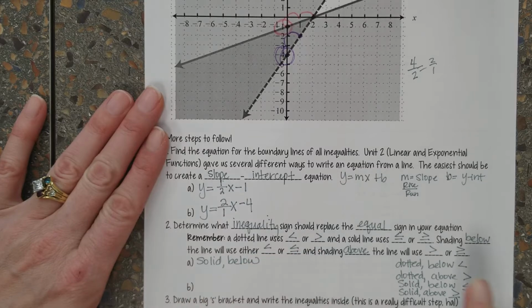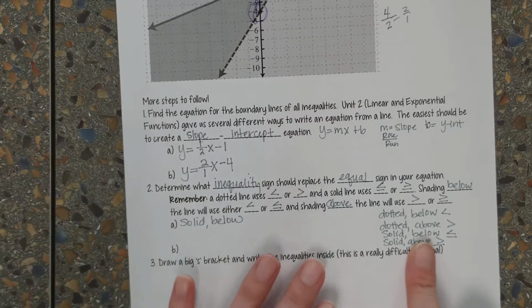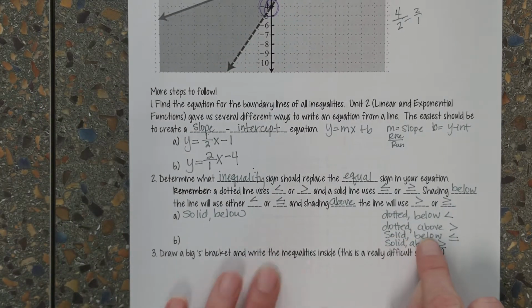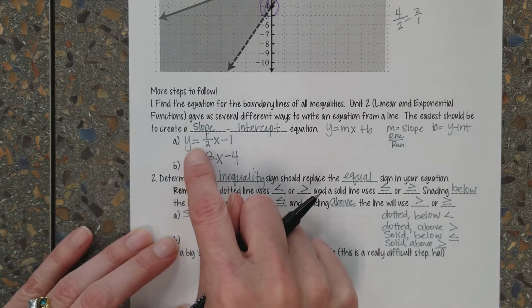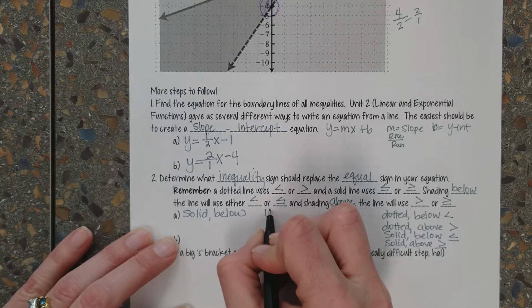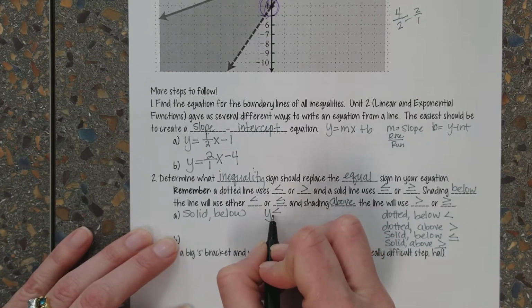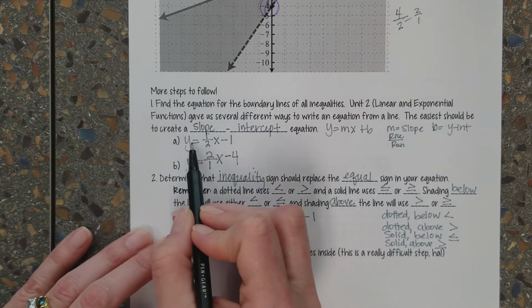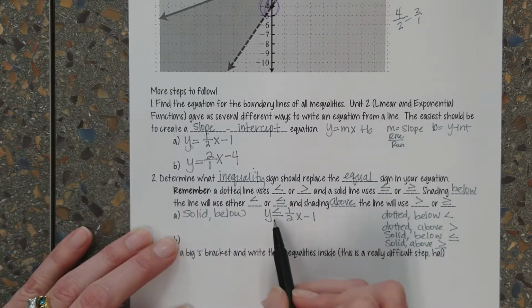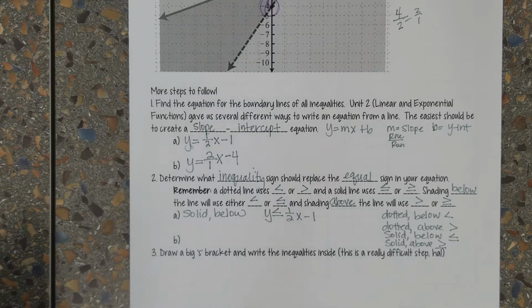So if we look over here at these notes we just took, we'll see that a solid below line needs to have less than or equal to. So it's going to be y is now less than or equal to 1/2 x minus 1. All I did was switch this equal sign with an inequality sign. That's all I did.